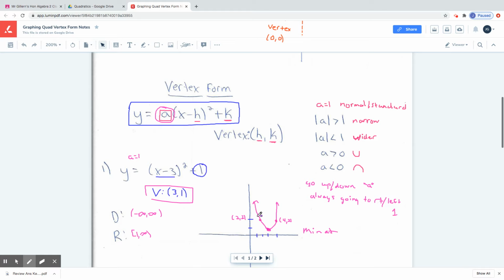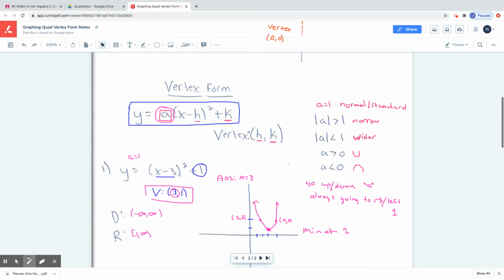Since it's a parabola facing up, it has a min. It's not a max. There is no max. Max is infinity. The min is at 1. It's always the y coordinate of the vertex. The axis of symmetry for this problem is always where the x coordinate of the vertex is, in which case is 3. So x equals 3 is the axis of symmetry.